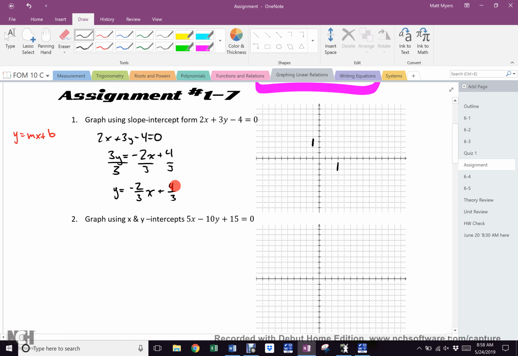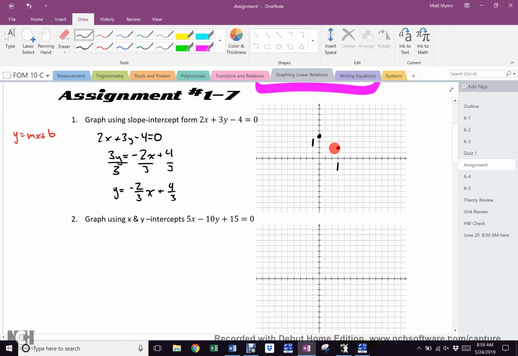I need to go up to 4/3, so I can go right there. My slope is negative 2/3. Since I have the scales the same, I'm allowed to count. I can go down 1, 2, and left 1, 2, 3. That is allowed. Okay? Everybody with me?